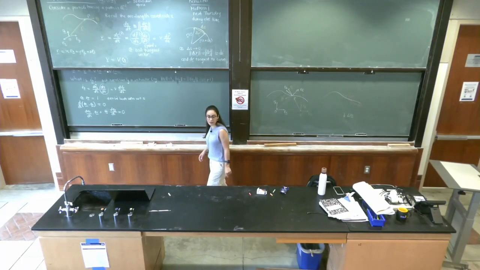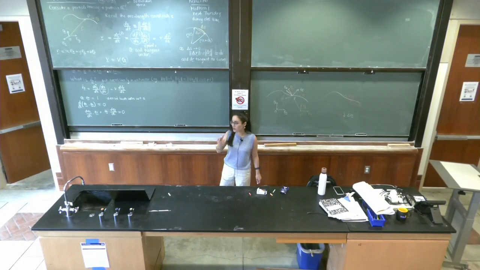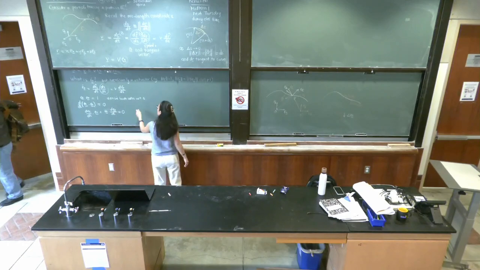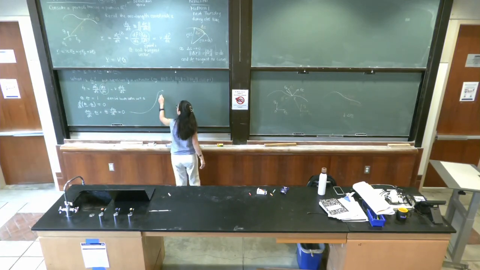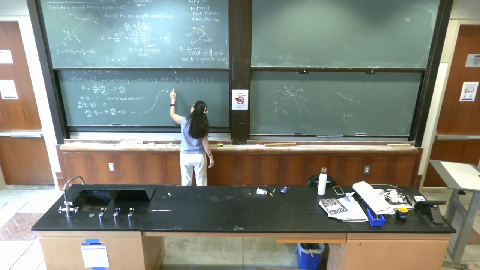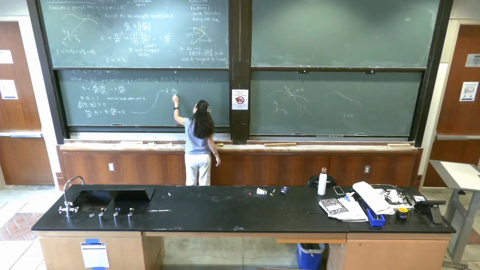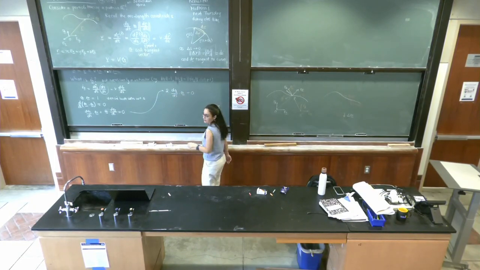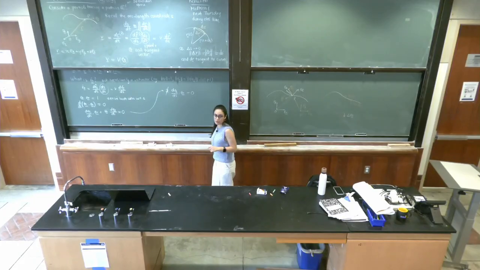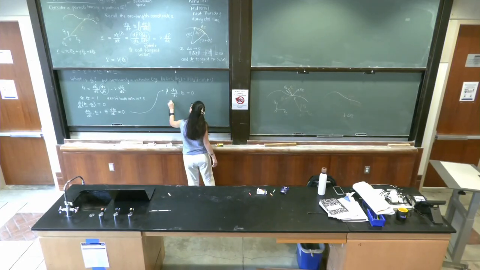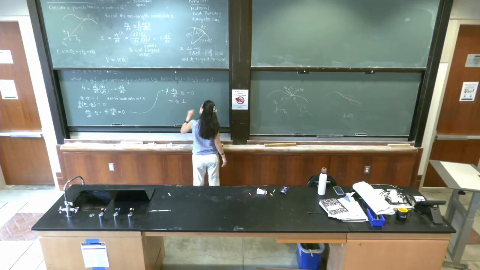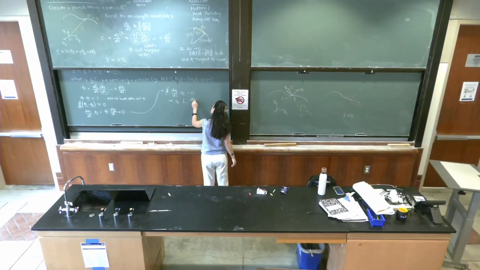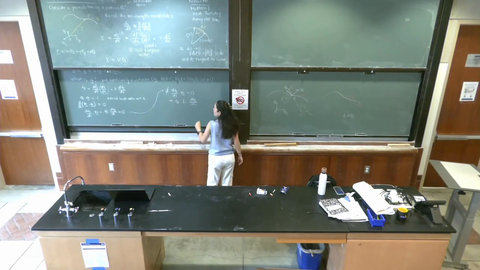And the dot product is commutative, so I can switch. I'll get 2 de_t by ds dot e_t is equal to 0. I can cancel out the 2. And from this, I get that e_t is perpendicular to de_t by ds.